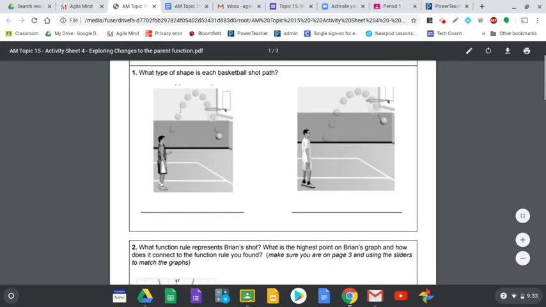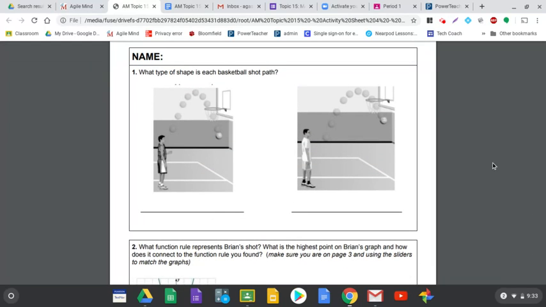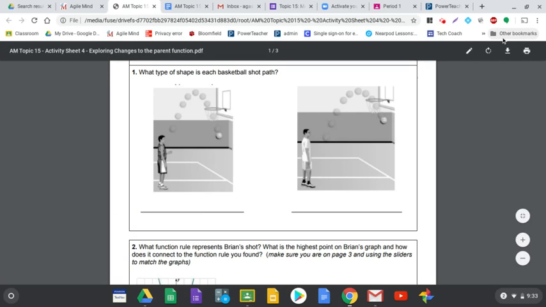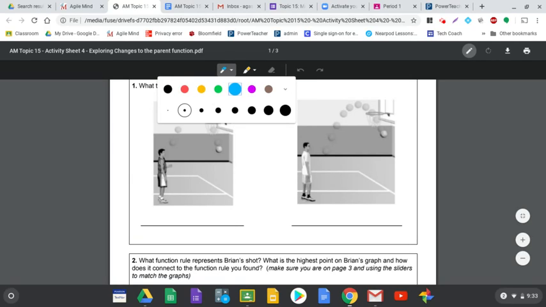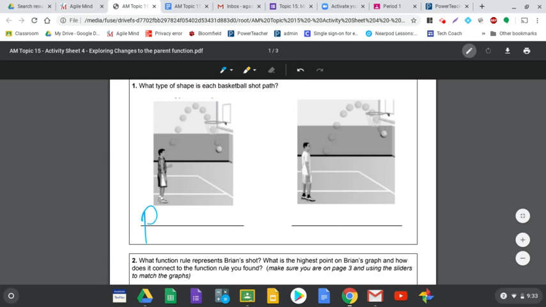For question number 1 on SAS 4, what type of shape is each path? Each path is a parabola. So make sure you fill that in for question number 1.